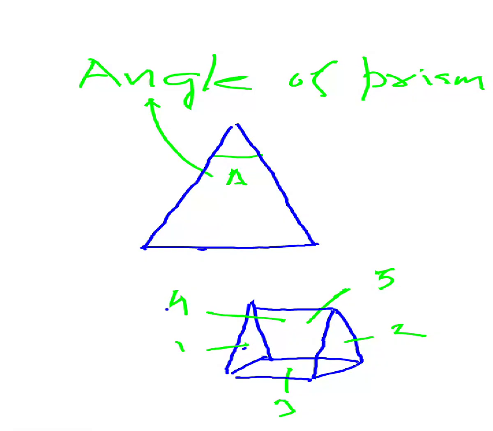If you want to see that over here, you can understand it like this. Angle A. This is called angle of prism.